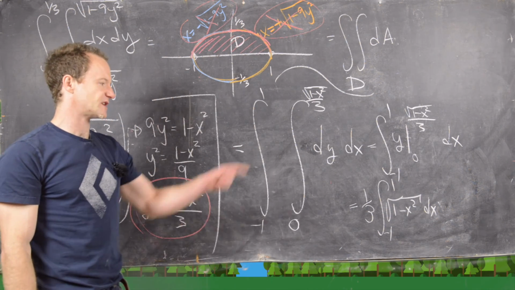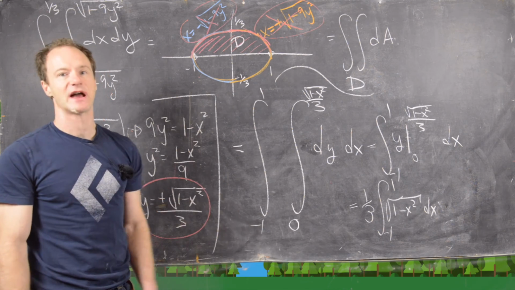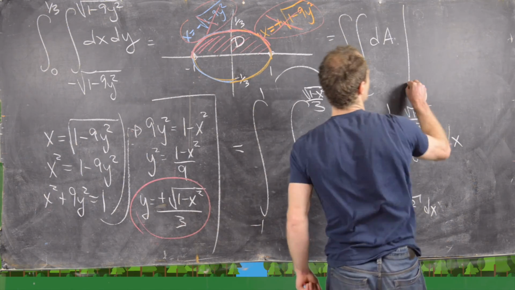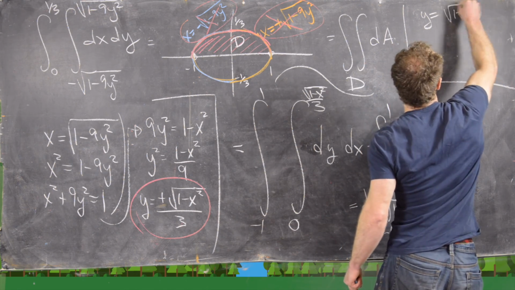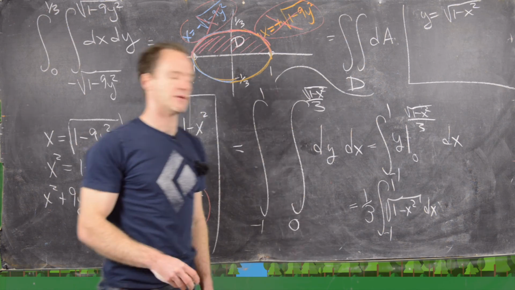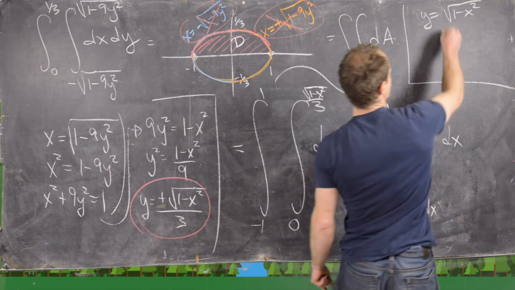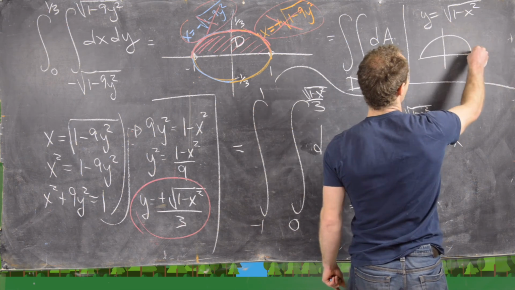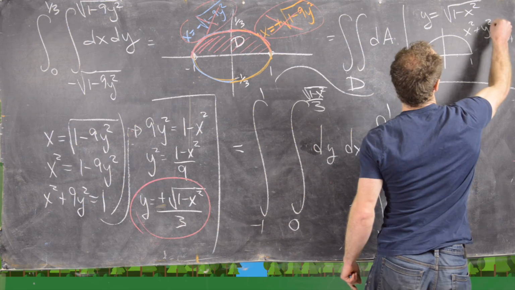All right, now there's a ton of ways to calculate this integral. I'm going to think about it geometrically. So notice the function y equals the square root of 1 minus x squared. Now we're away from this picture and we're only worried about this single integral. So this function gives you the top half of a circle of radius 1.